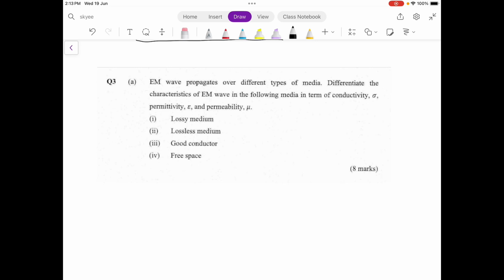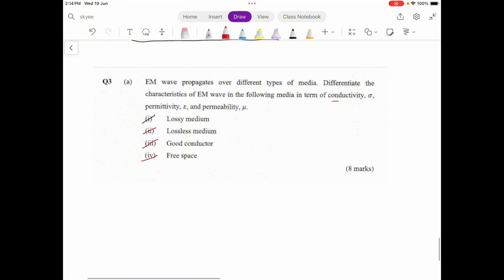The electromagnetic wave can propagate in lossy medium, lossless medium, a good conductor, and free space. The question wants you to list down the characteristics of its conductivity, permeability, and permittivity. So you can list down the characteristics for lossy.